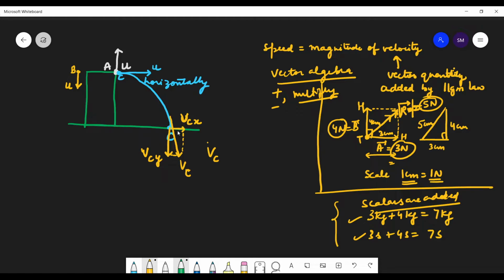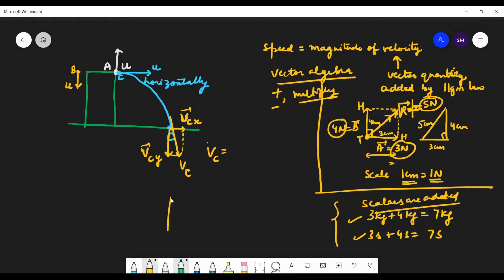Velocity is also a vector quantity. So I am going to add this velocity of c in x direction and y direction. Whenever there is an angle of 90 degree, you always get this rectangle.